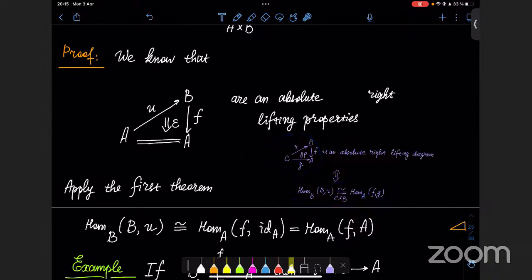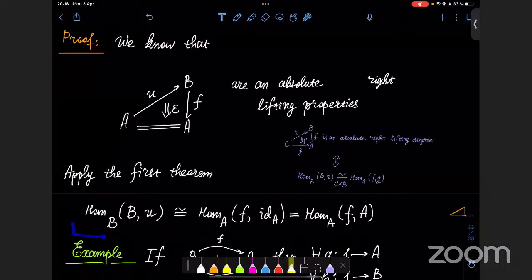And replacing appropriate variables, appropriate maps, we have the following isomorphism.